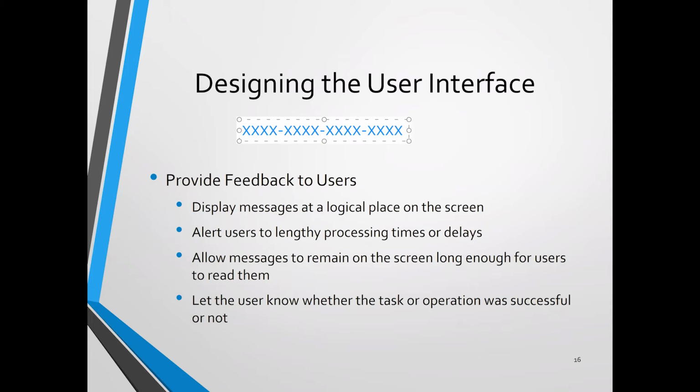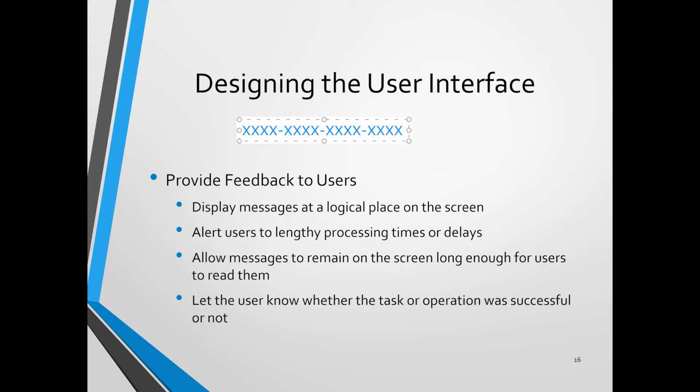But if it's not ready, you may say calculating or processing, this may take a few minutes. Or somebody may pop up at the center of the screen blinking text saying processing, this may take several minutes, to let the users know what the system is doing right now for the lengthy processing times or delays.